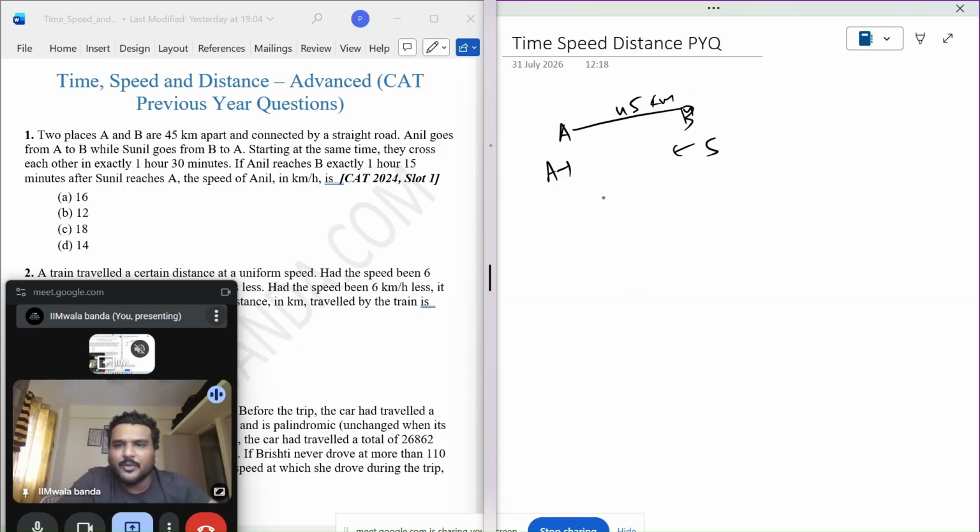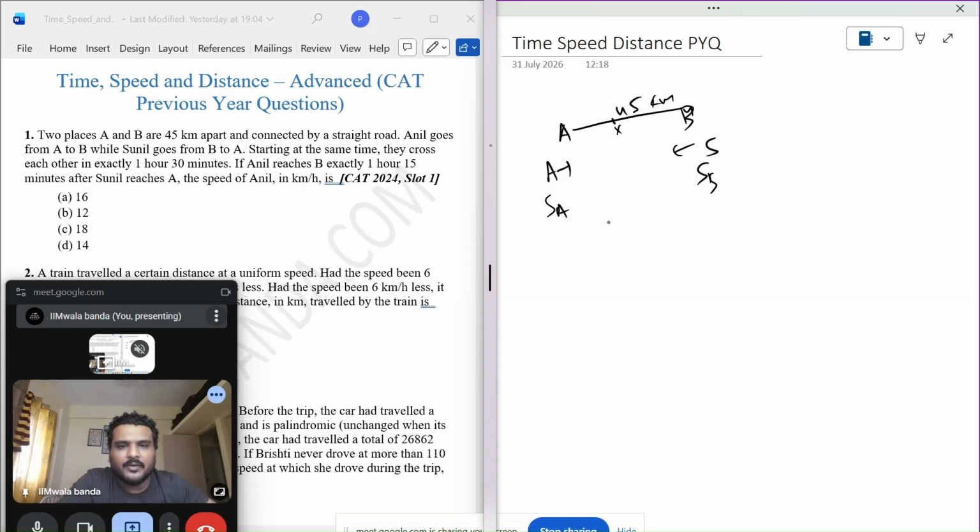Okay. So first equation is they're crossing each other. So let's assume the speed of A and speed of S as this. So let's say they meet somewhere here. Can I say that together they've covered 45 kilometers? So what is the distance A will cover?